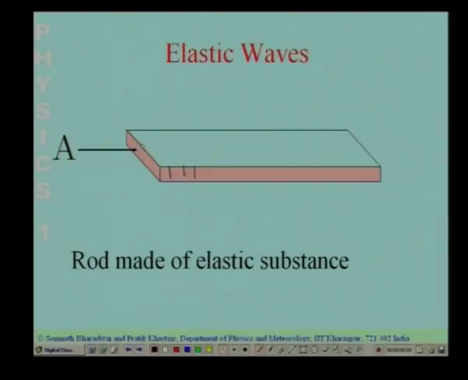It does not vary along the two other directions, and we shall refer to this direction as the x axis. The x axis is along the length of the rod. The y and z axes are along the other two directions, in which we are not interested in the variation of the disturbance. For the time being, we assume the disturbance only varies in this direction, and we have drawn lines at equal x intervals over here.